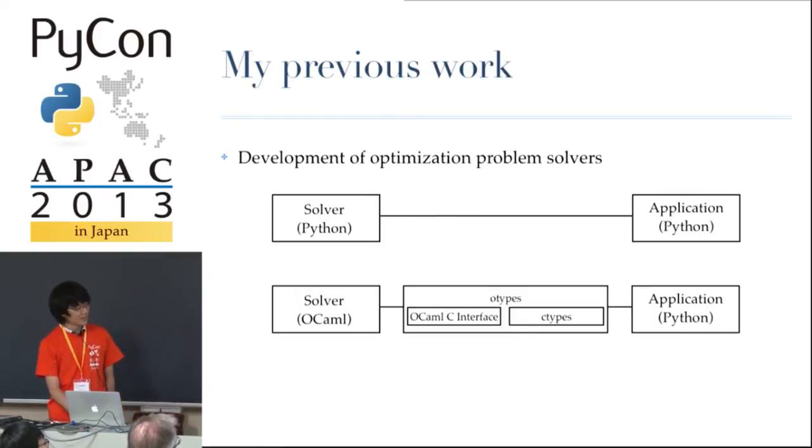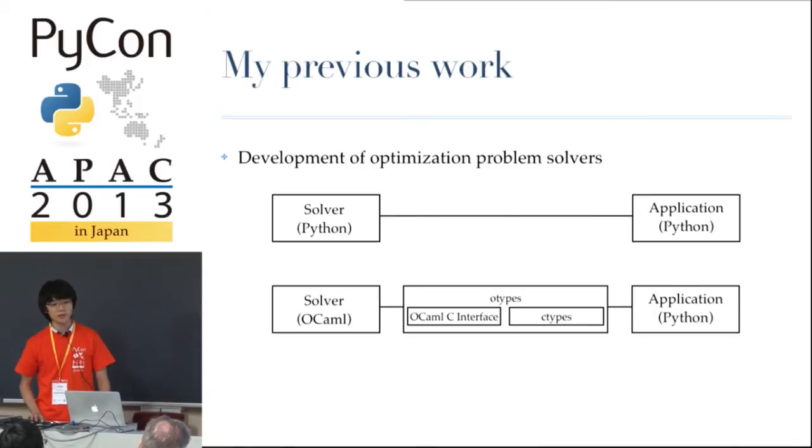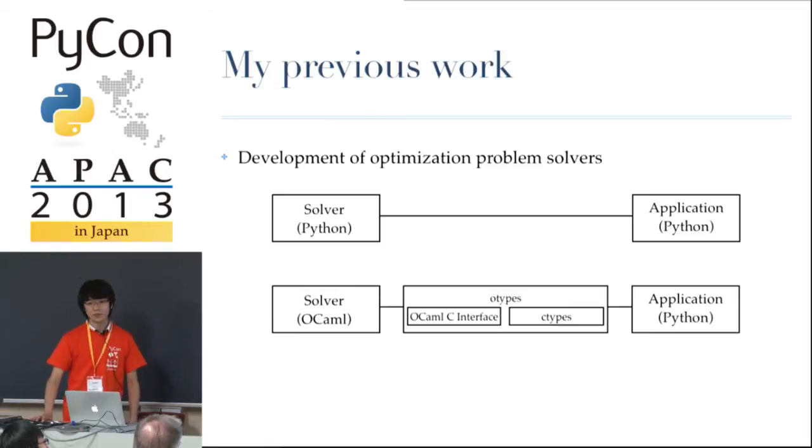But unfortunately, I want to implement my algorithm in parallel, and OCaml supports only multi-process programming, not multi-thread programming.